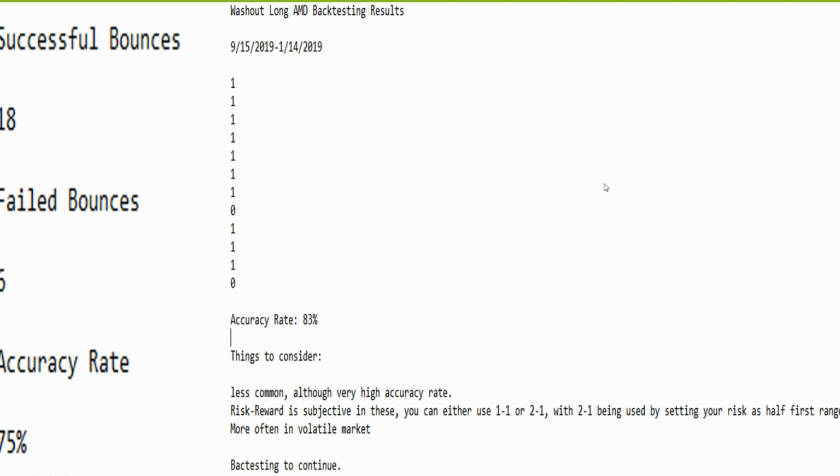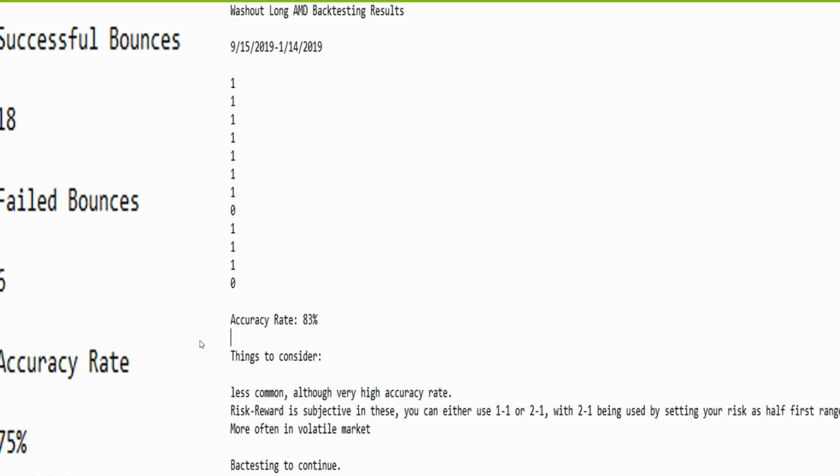You can see in this specific instance, I had a few where I was backtesting the washout long, and then I think this was the VWAP bounce. With the VWAP bounce, it had 18 successful instances and 6 fails, giving it an accuracy rate of 75%. I also recently backtested the VWAP bounce, and it hovers right around the same accuracy rate.